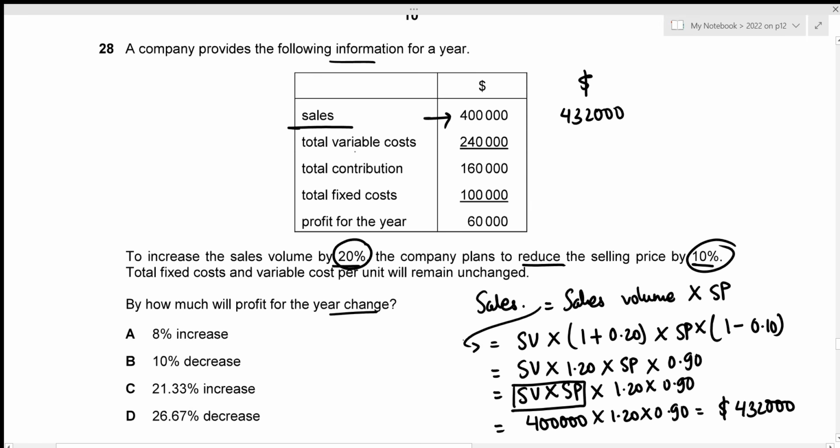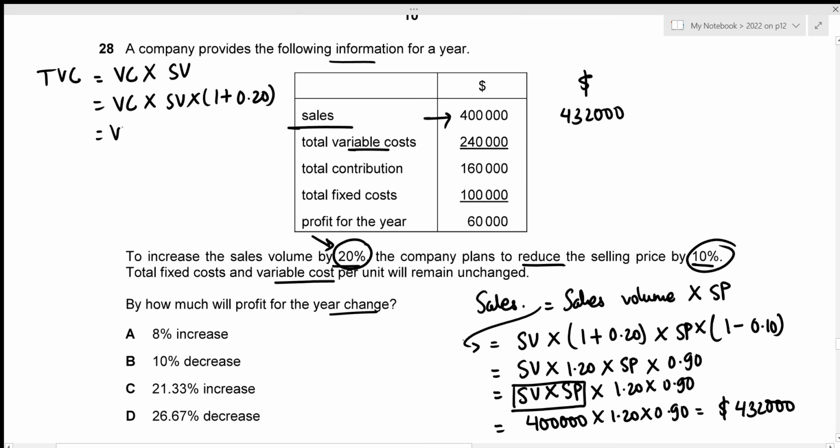Then we are given the total variable cost, but we're told that the variable cost per unit is going to remain unchanged, right? So total variable cost is the variable cost per unit times the sales volume. And we know that the sales volume is increased by 20%, right? So that's variable cost times sales volume times 1 plus 20%, which we can write down as 0.20.